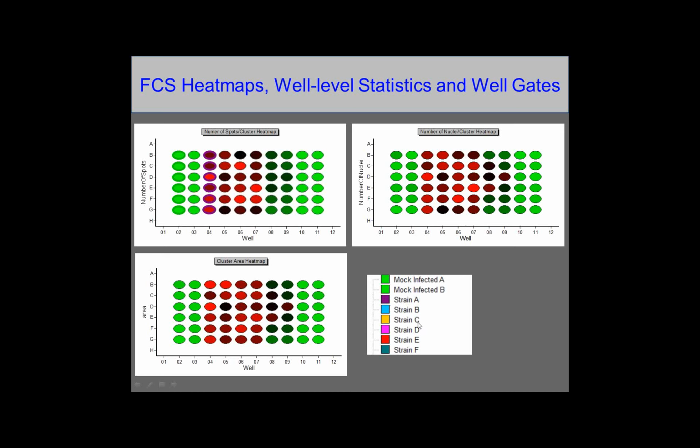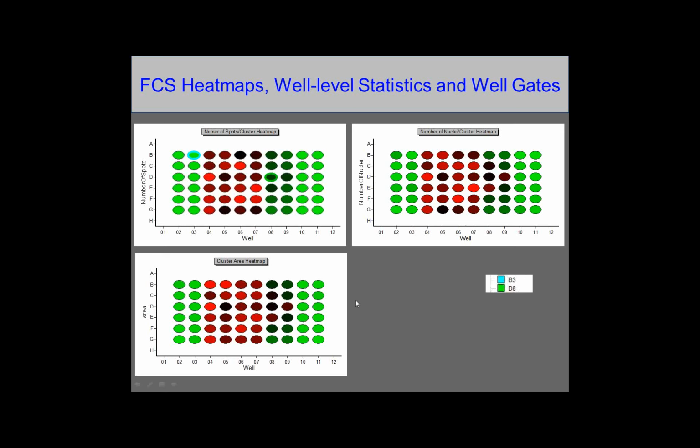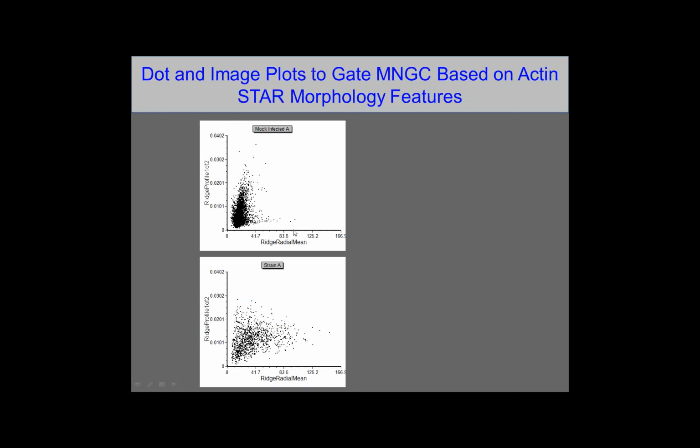Here I'm just showing 2 of them, but we did the same for the 6 different strains and the 2 control columns. Finally, in terms of gating, we also applied 2 single well gates that are useful for image plot drawing, and here we gated one negative well here and one positive well here, as you see.